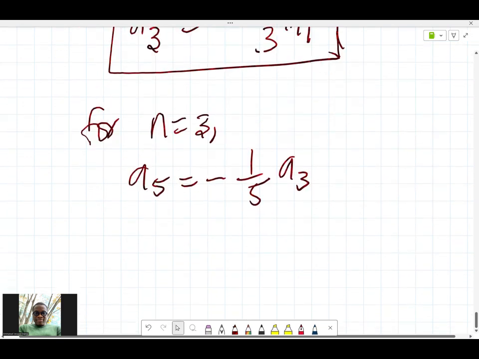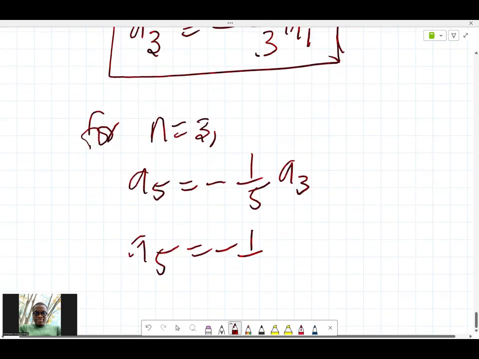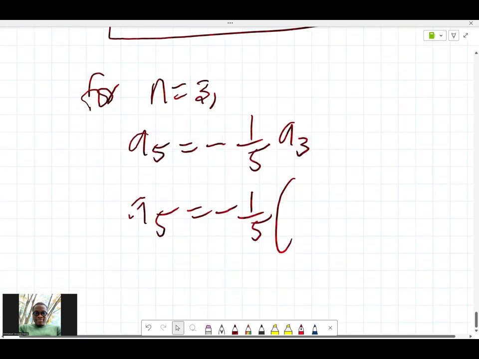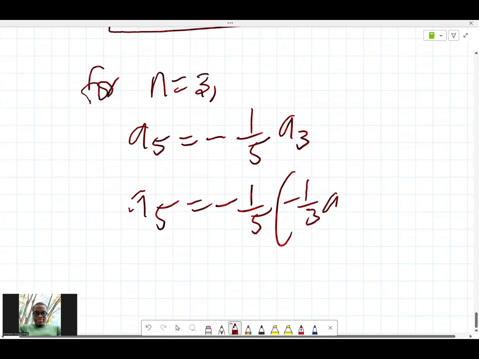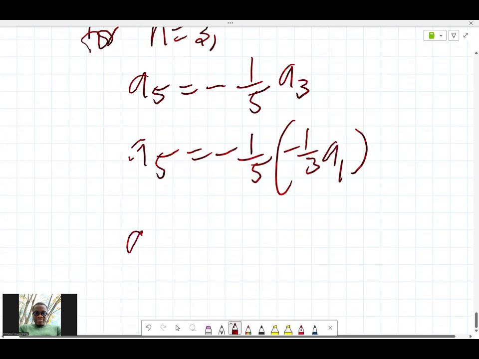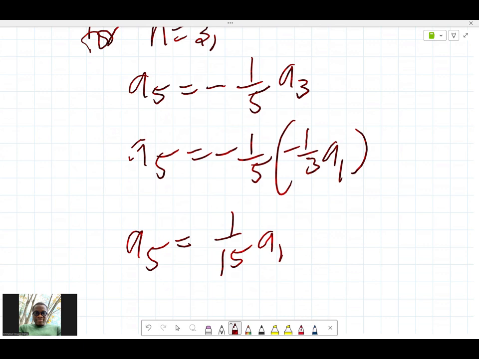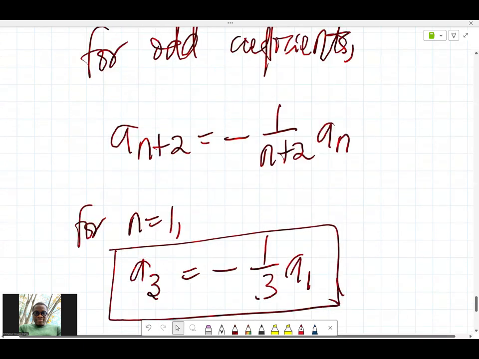Interestingly, we have a3 there. So a5 is equal to minus 1 over 5, and a3 is minus 1 over 3 a1. Okay. So that means that a5 is equal to 1 over 15 a1.